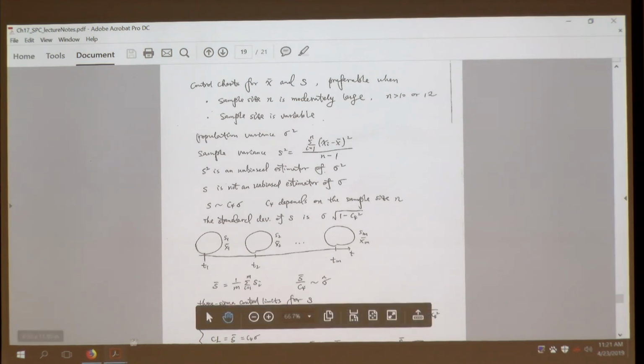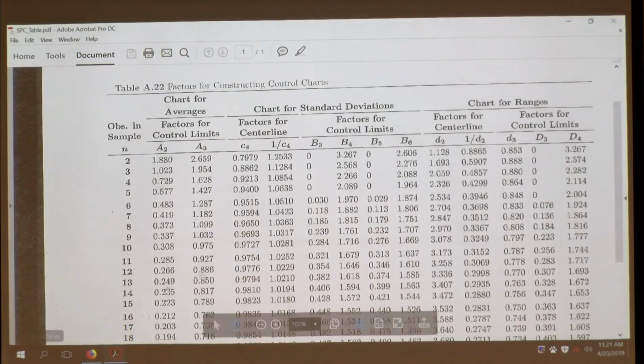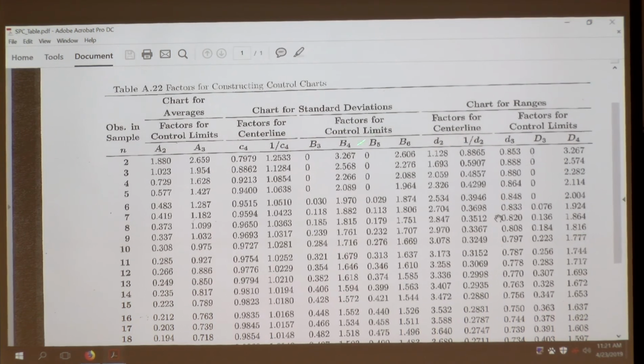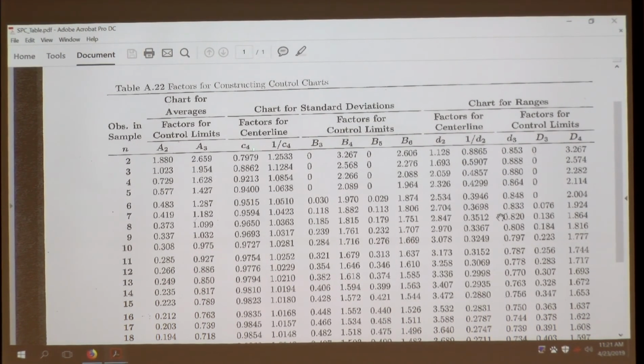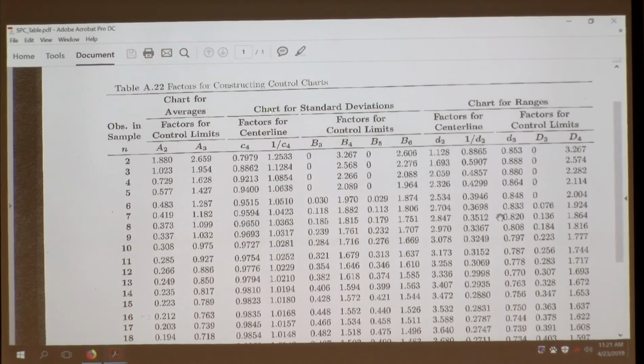For the S chart, if we want to get C4, it's right over here. You see, this is a chart for ranges. Then you have the center line and the control limits, D3 and D4. This is what we need for the X bar chart and also the R chart. And here is C4. You see C4? This is for the S chart, and this is for the X bar chart.